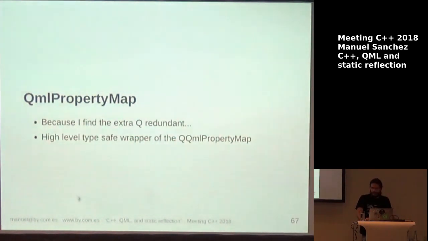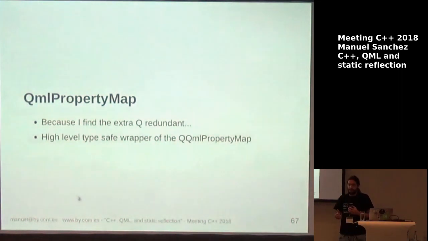So QQmlPropertyMap. This is a wrapper around the QQmlPropertyMap, for the only reason, I think, that the extra Q has nothing to do there. So QmlPropertyMap. Okay. The idea was, okay, the QQmlPropertyMap interface is based on QVariants, which are not type safe directly. You have some checks and whatever, but those checks are not run directly.